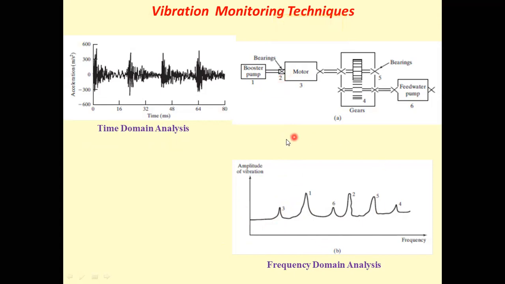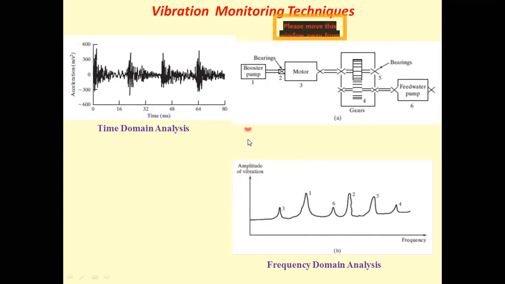So by comparing the frequency spectrum when the whole system or machine is in good condition and when the machine is in bad or faulty condition, by comparing both graphs, we can identify which part or which component is faulty. So this is the frequency domain analysis that can be used for vibration monitoring.